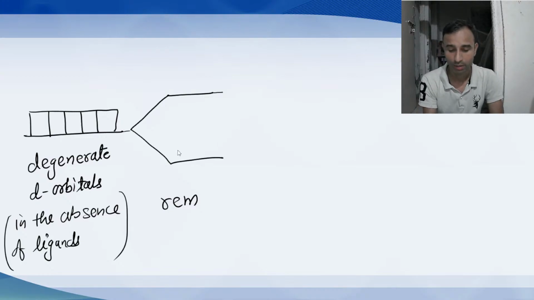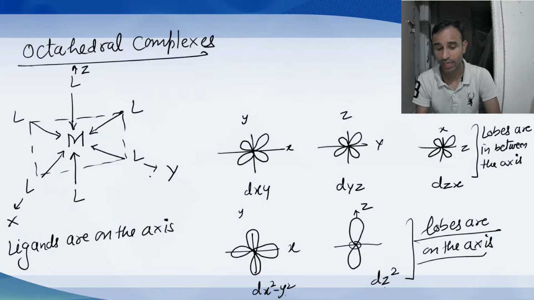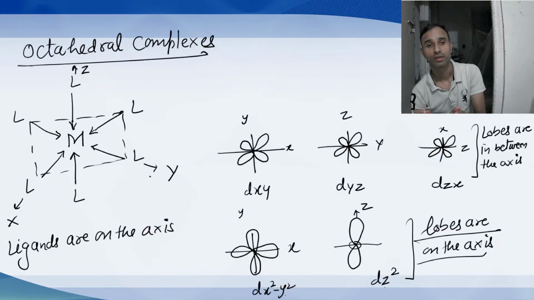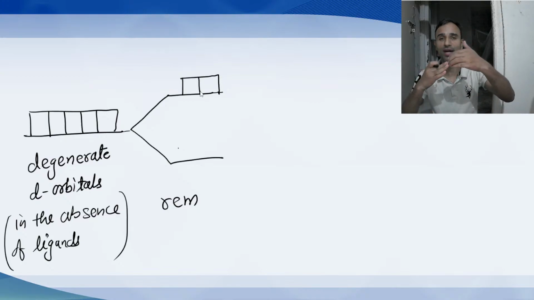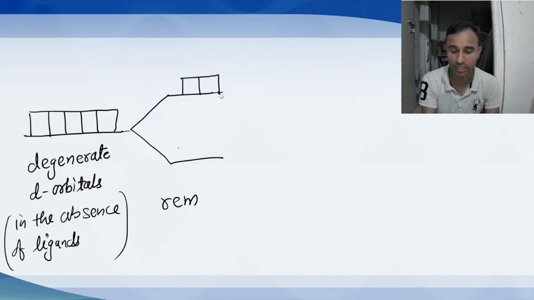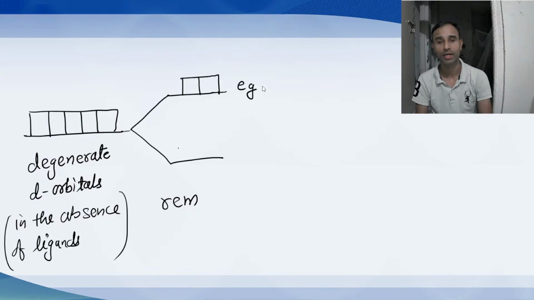The ligands are head on to dx square minus y square and dz square. As they are head on, their energy increases, and these two orbitals are called EG, doubly degenerate orbitals.